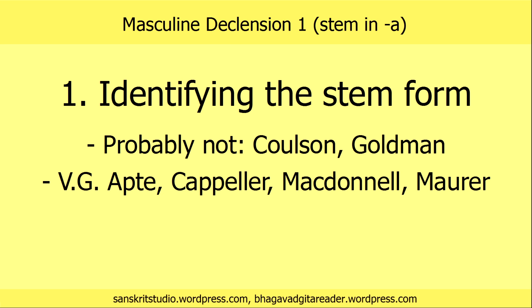Then we have Macdonell, who has his Practical Sanskrit Dictionary, and then we have Maurer's Routledge textbook on Sanskrit, I think called The Sanskrit Language. It's almost 1,000 pages, so it has a lot of vocab in it also. But all those four are using the stem form, so these are convenient to use if you are trying to use this method.